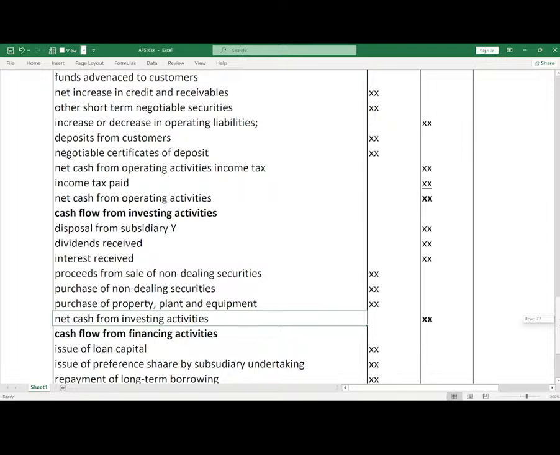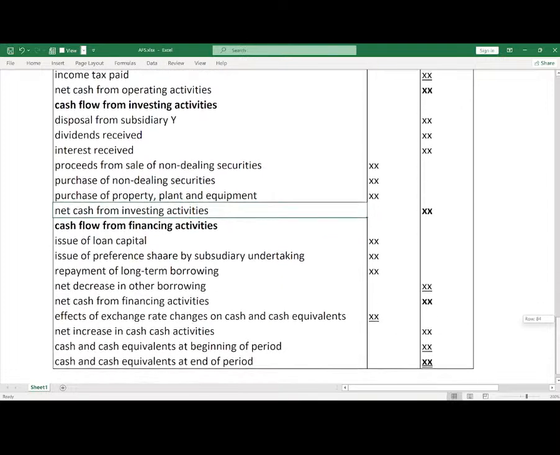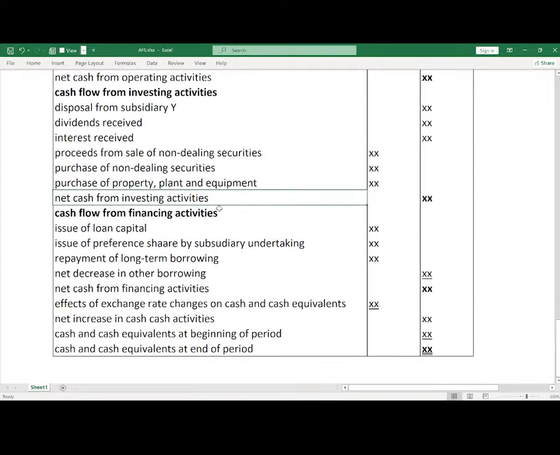So let's continue to cash flow from financing activities. So we have issuance of loan capital, issuance of preference shares by subsidiary undertaking. You have repayment of long-term borrowing, net increase in other borrowing, so that you can now have the net cash from financing activities.